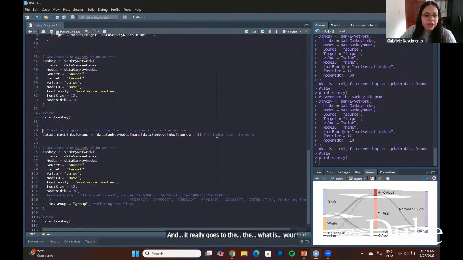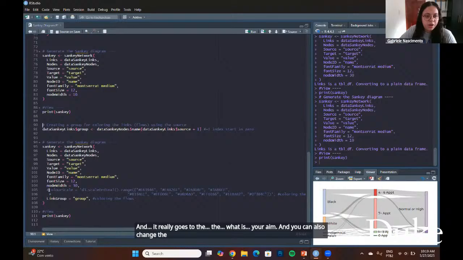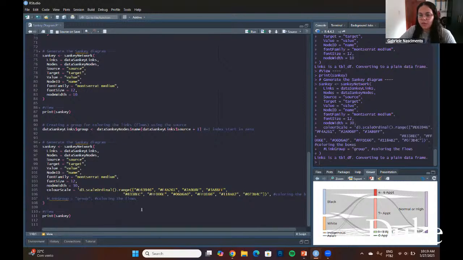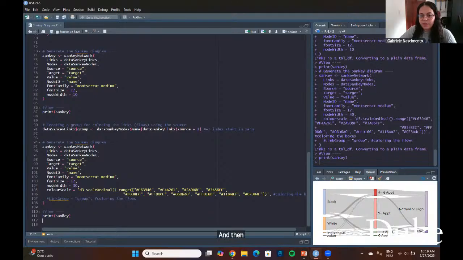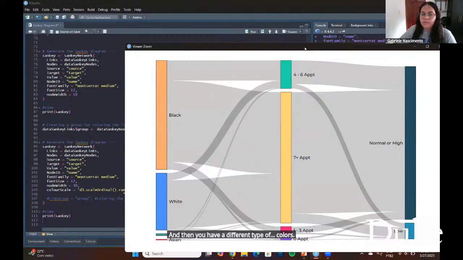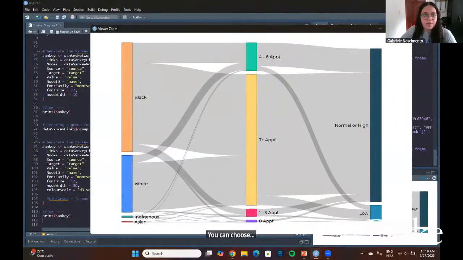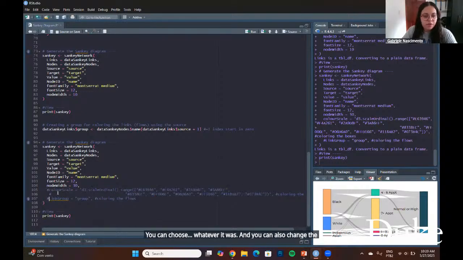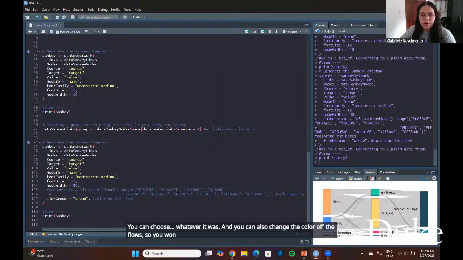And you can also change the color of the nodes. And then you have a different type of colors. You can choose whatever you want. And you can also change the color of the flows, so it won't be only gray.